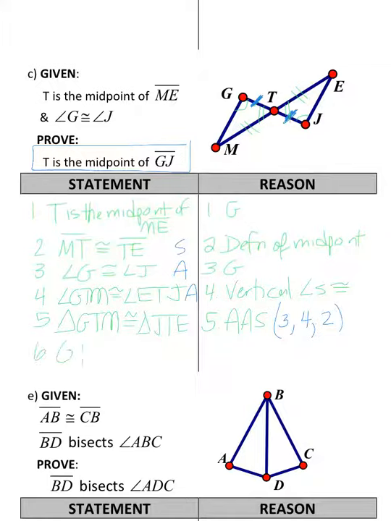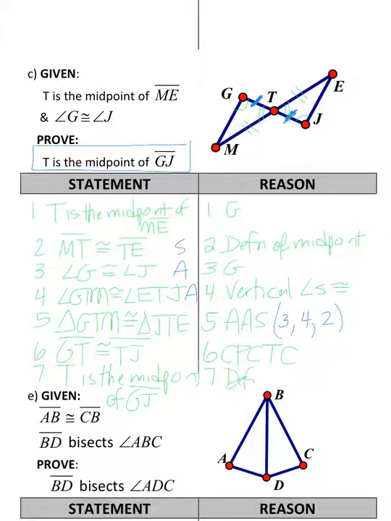So, GT, that line segment, is congruent to TJ because corresponding parts of congruent triangles are congruent. And then that lets me say T is the midpoint of GJ, that line segment GJ, by definition of midpoint.